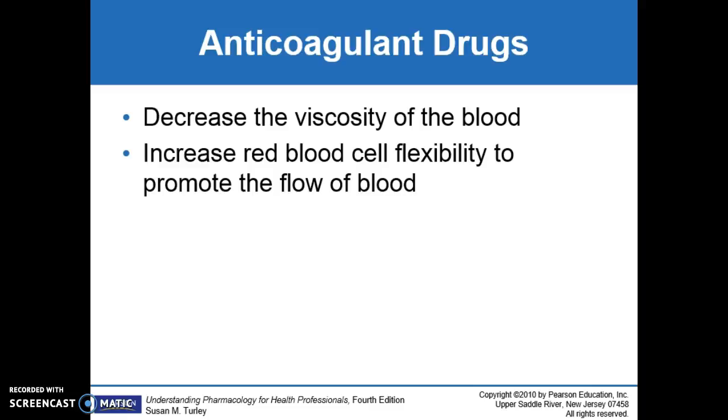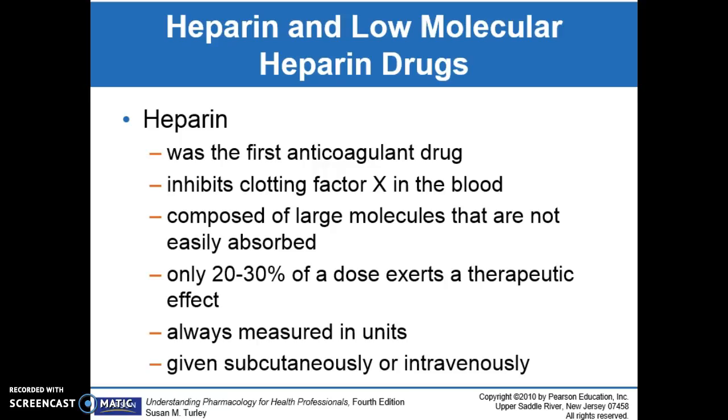Now, the one thing with anticoagulants, and heparin is one that you'll see quite frequently used, is when you lessen that viscosity, make it not so thick, you have a problem with stopping the bleeding then. So there's kind of a give and take with these drugs. Heparin was the first anticoagulant drug that's been used.